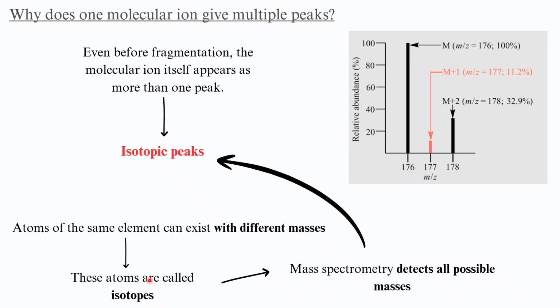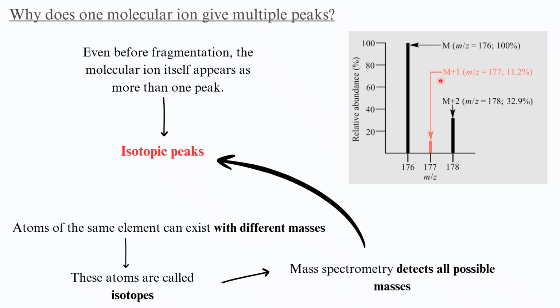Since they have different masses, they get detected in the mass spectrometer. And as they get detected, they result in the formation of what? Isotopic peaks. Because the mass differs from the molecular ion peak by 1 or 2 units, depending upon the condition, it results in the formation of M plus 1 or M plus 2 peak.